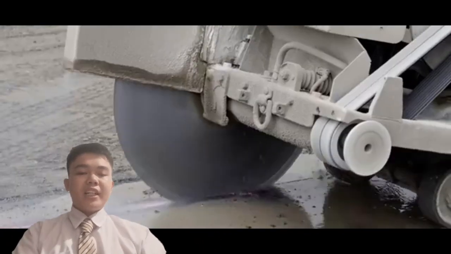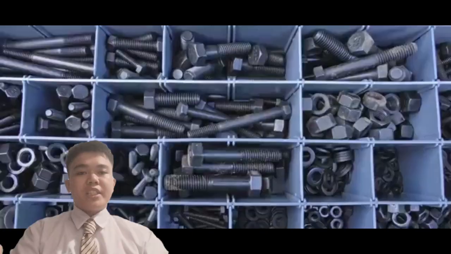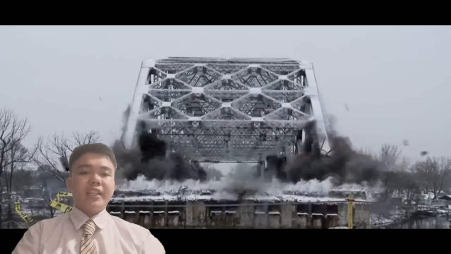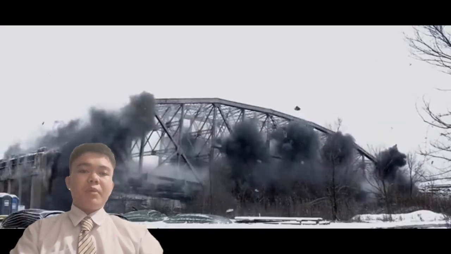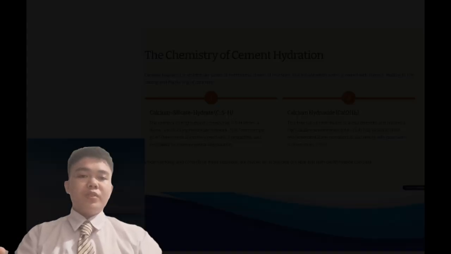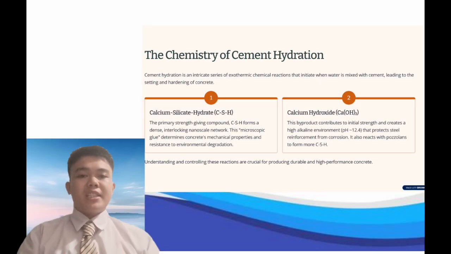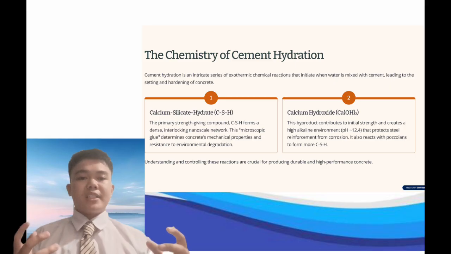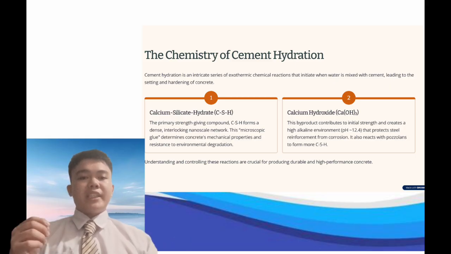Cement hydration is the chemical process that converts cement and water into a hardened, long-lasting material capable of sustaining structures. Cement compounds dissolve, recombine, and crystallize in a succession of exothermic processes to produce the key products that give concrete its desired qualities.